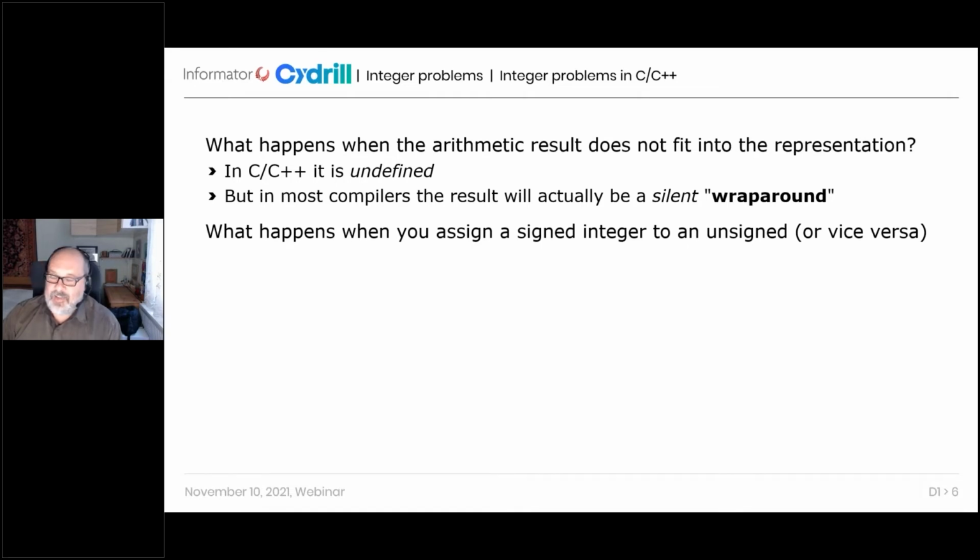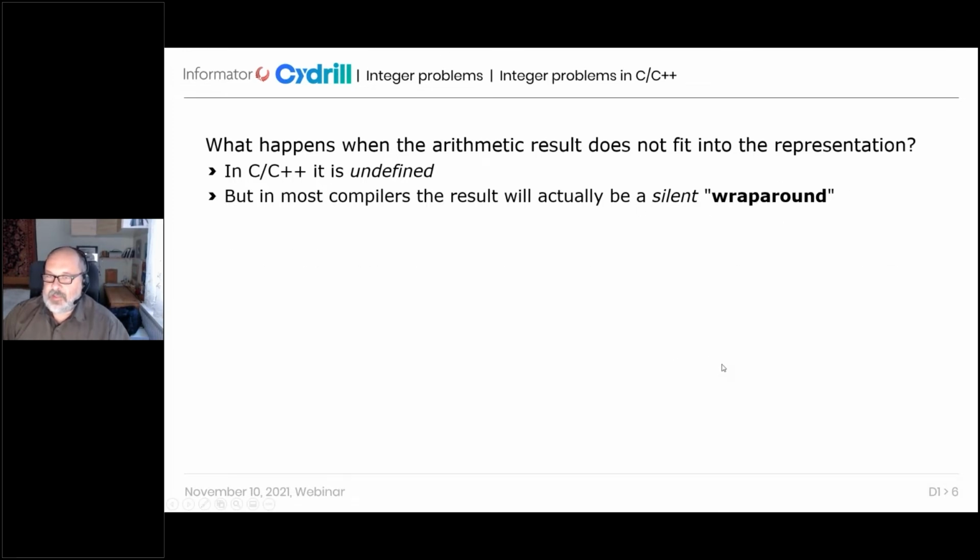In reality, let's say in 105% of the cases, and it's literally all of the compilers and all of the architectures and all of the arithmetic operation implementations, will basically do a wraparound, but you have to know that formally it's undefined behavior. So most compilers will result in a wraparound, as I explained previously on the ring.